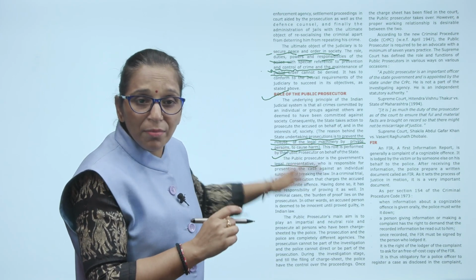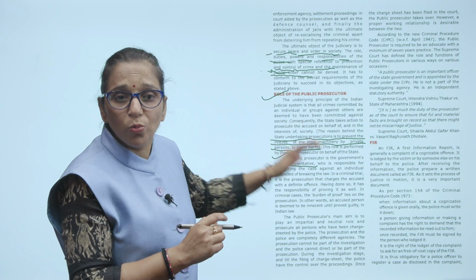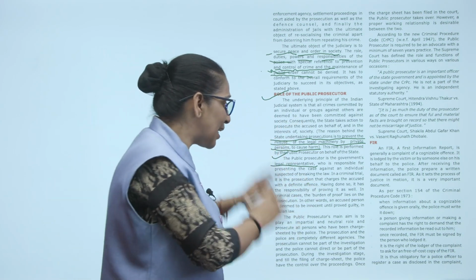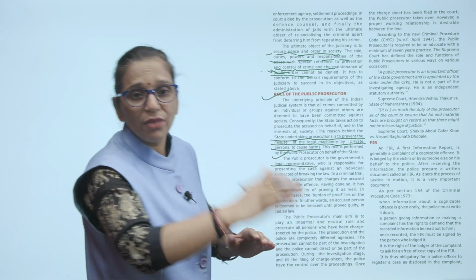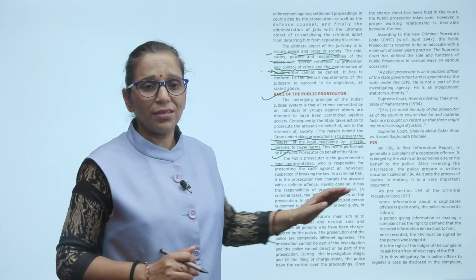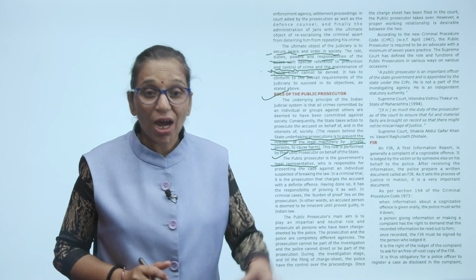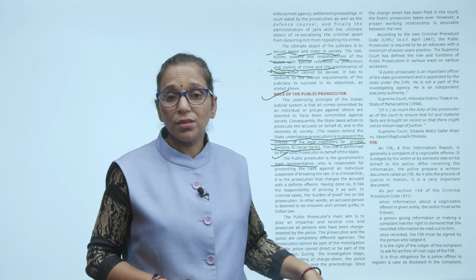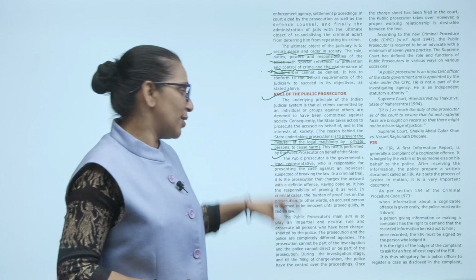And this is the government's legal representative who is responsible for presenting the case against any individual suspected of breaking the law. In a criminal trial, it is the prosecution that charges the accused with a definite offense. Having done so, it has the responsibility of proving it as well.